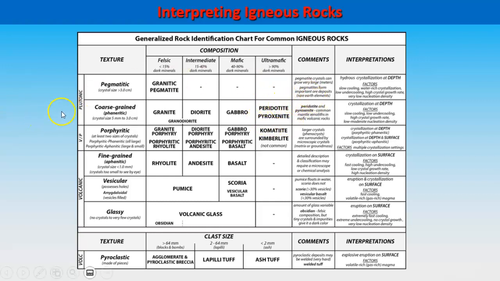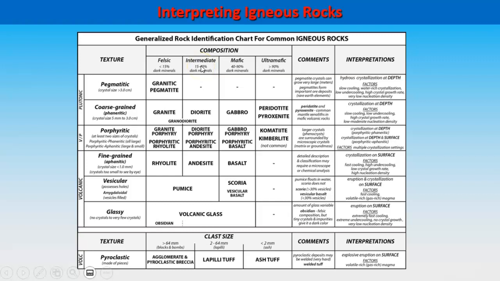And look, for us, we really just talked about coarse-grained or coarsely crystalline igneous rocks, finely crystalline igneous rocks, vesicular, glassy, and pyroclastic. We really didn't talk about this term here, so we can gray that out for now, not think about it. But the idea is that if you were given a sample, you would have to determine, is it very dark, very light, or somewhere in the middle?